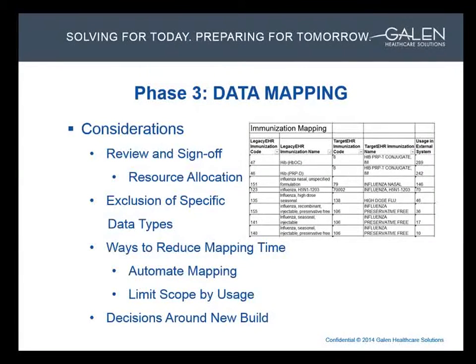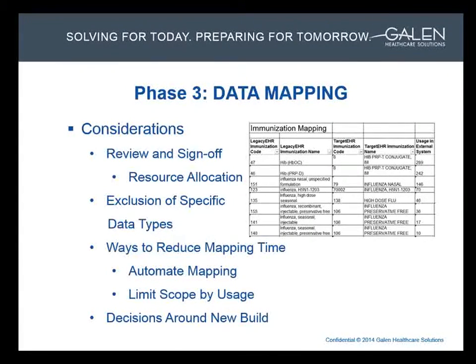This technique usually saves a lot of mapping time and will have a small impact on the end users. An example would be that they wouldn't map any problems, medications, or allergies that have less than 10 occurrences in a legacy system. Then we would convert them to the target system, and the end users would reconcile the unmapped data to the new chart.